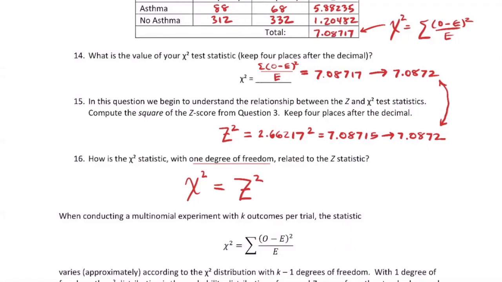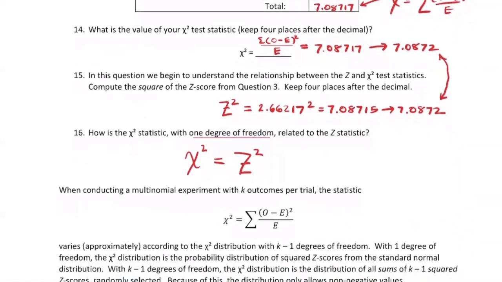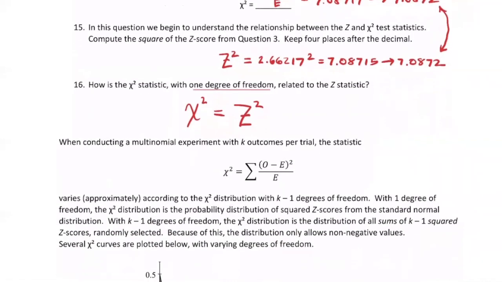All right, any questions? So you're squaring some z-scores, which is a weird thing to do, and now we're going to find out probabilities for squared z-scores. Well, apparently we are.